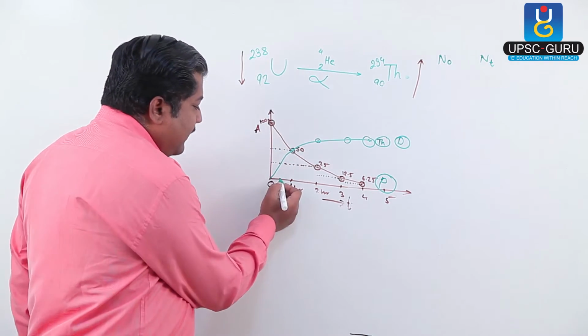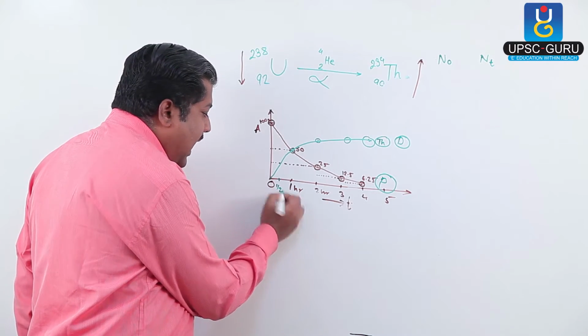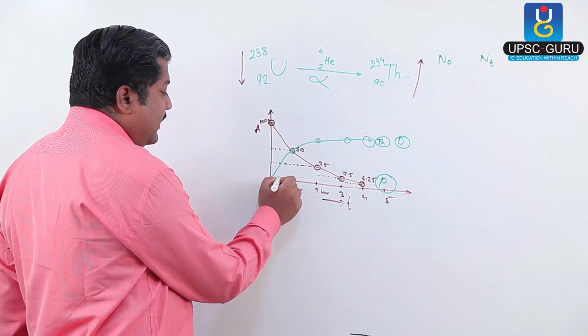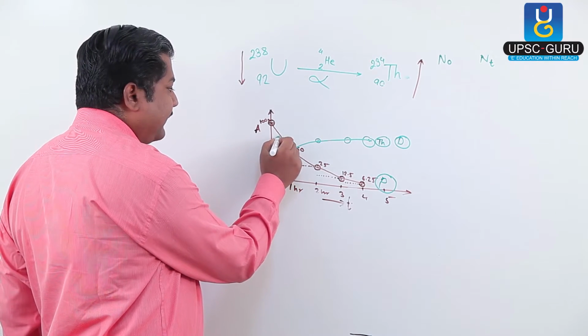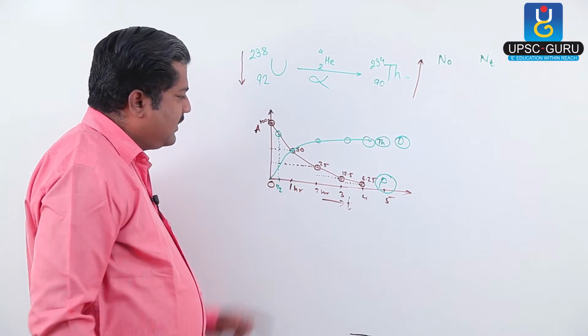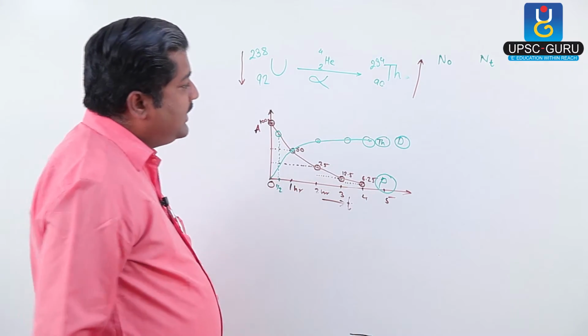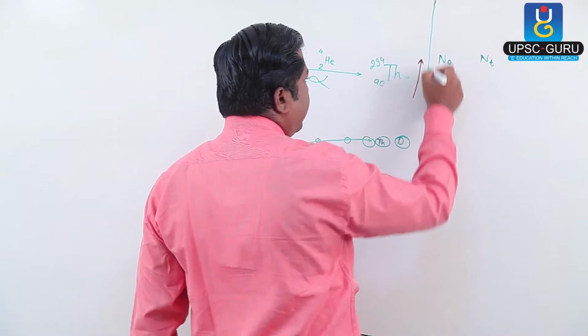Suppose I have to check what will be the amount in half an hour. Can I check? Answer is yes. On this graph I have to draw a line, and then I can give the amount after half an hour. But by using a formula also we can do that.